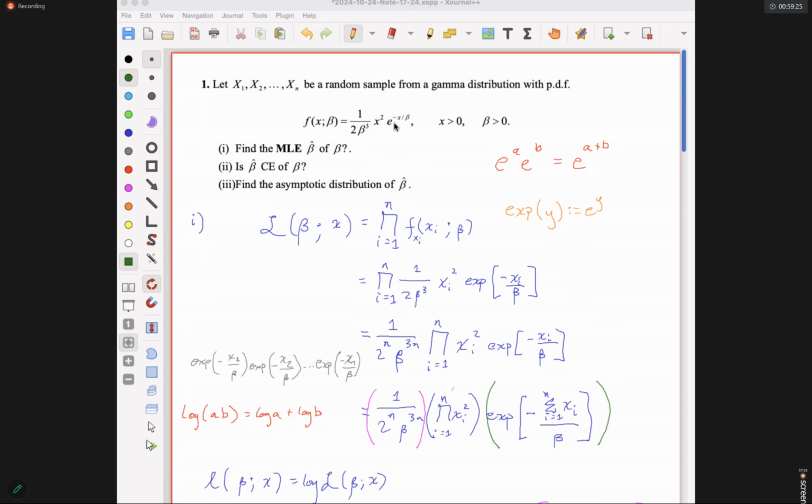I'm asking you what power beta is raised to. Our density function starts off with 1 over 2 times beta to the third. So looking at that, we have beta to the third in the denominator out front.